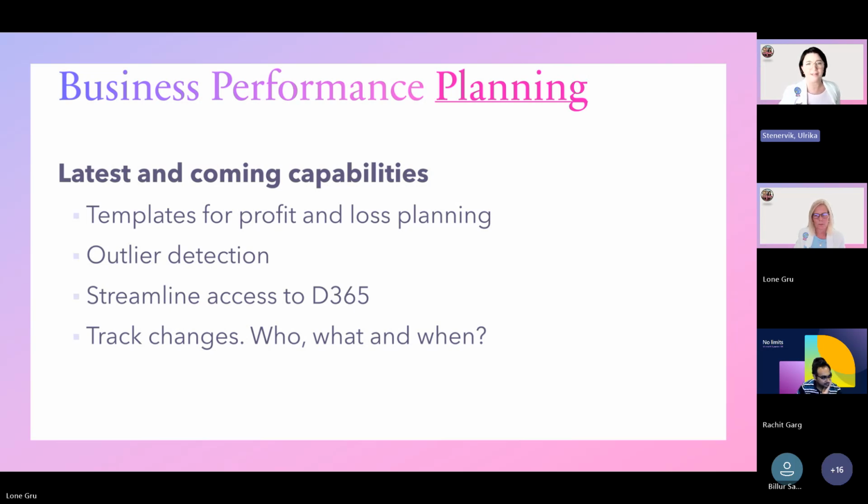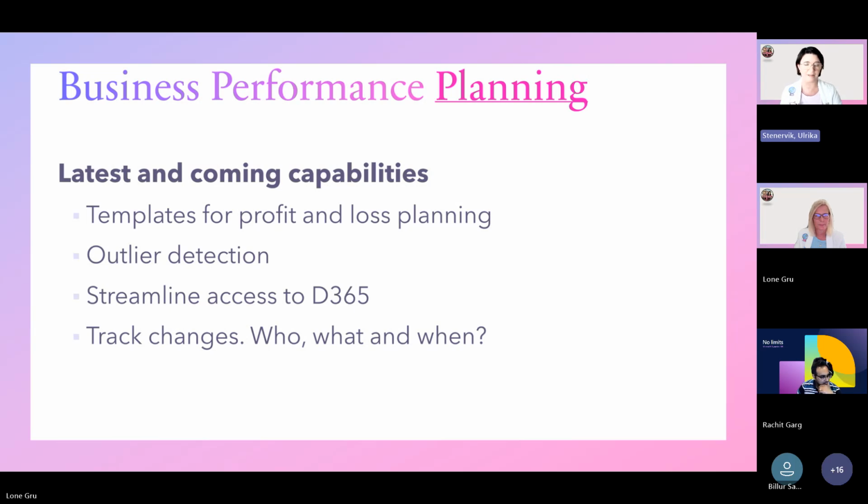And what the capabilities, I'm not sure if you've looked at it, but there are some new things coming there as well. Currently, it's more of an empty shell that you get to build your own budgets and prognosis in Power BI, but Microsoft will actually share some templates for planning. That's coming. Also outlier detection, to maybe exclude that from your plans.